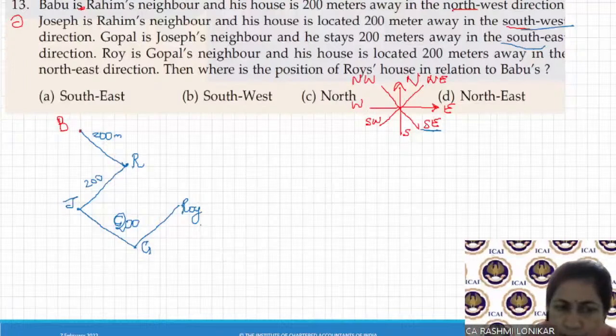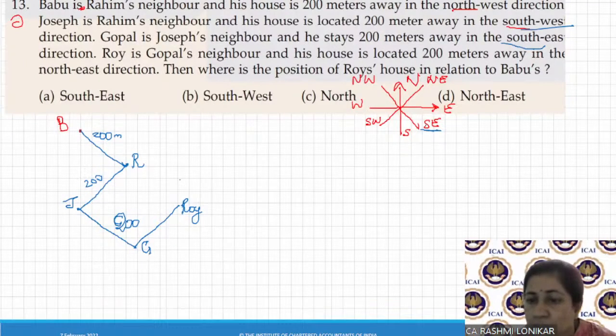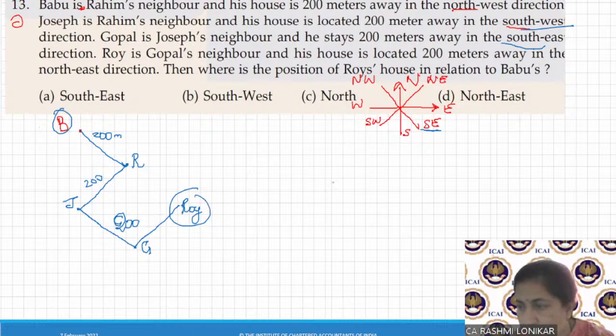So now they are asking where is the position of Roy's house in relation to Babu. Babu is over here and Roy is over here. Which direction is this? You just have to see this. This is southeast. Okay. So we have 13th answer as southeast.